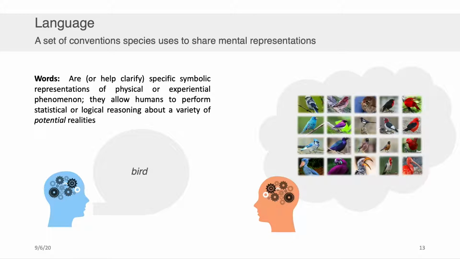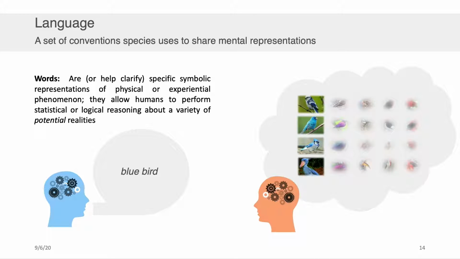And you cluster all these specific images of birds in your mind's eye into some other kind of abstract mental representation that describes birds. And you can use language to perform manipulations of this distribution or mental representation.